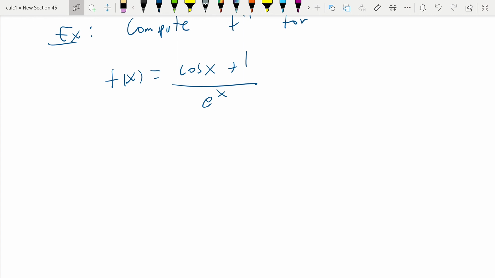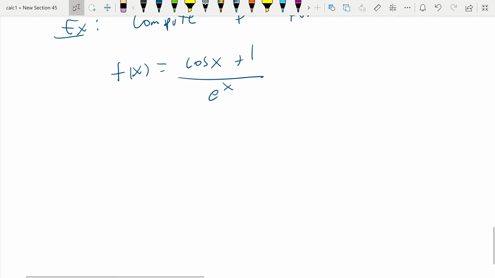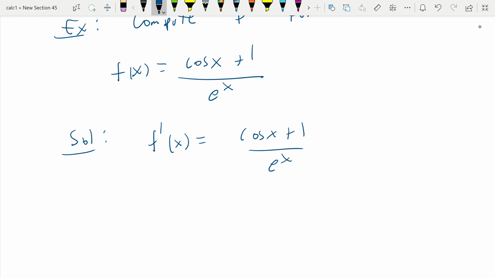Here I'm just going to leave the details for you as an exercise, since we already know how to compute derivatives and how to apply the quotient rule, hopefully. f prime of x is equal to the derivative of cosine of x plus 1 divided by e to the x.